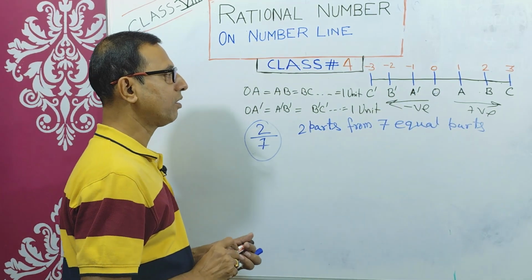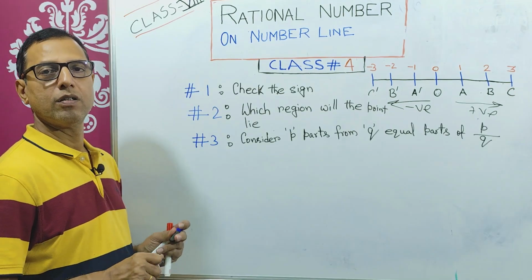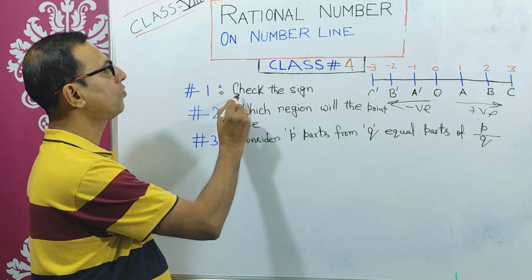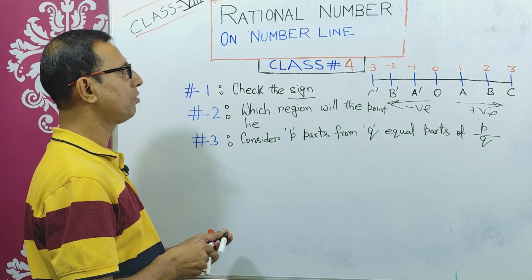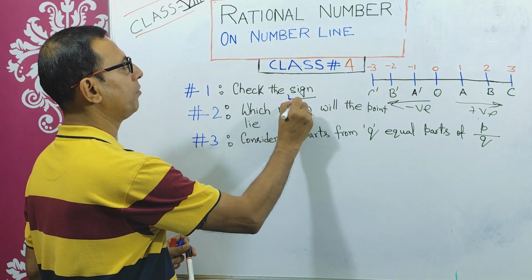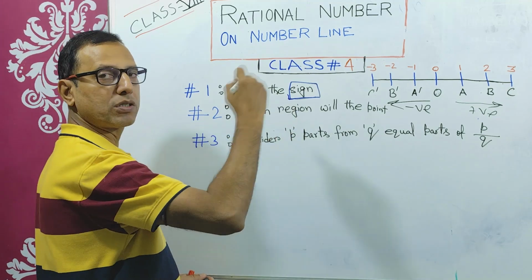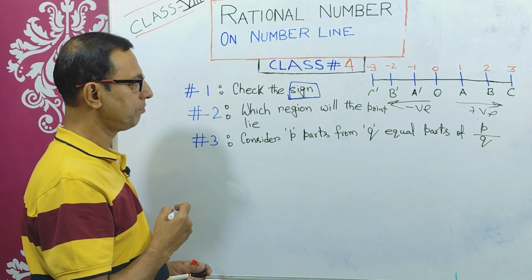So now I will write down exactly what things you need to consider. Okay, so what is the trick? First you need to figure out what the sign is. You just look at the underlined part. It is in the positive region, that means right side of 0, or left side of 0 for negative.